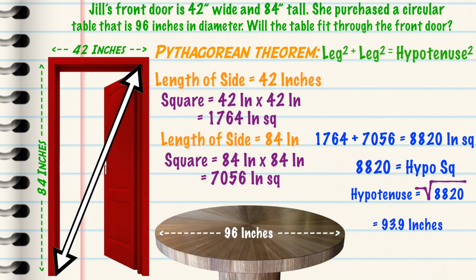To find the length of the hypotenuse, we can take the square root of 8,820, which is 93.9 inches. So the diagonal is 93.9 inches. Since the diameter of the table is 96 inches and the diagonal is 93.9 inches, the table will not fit through the door.